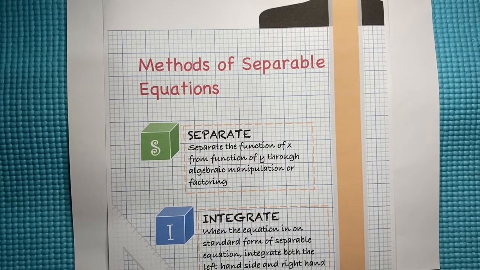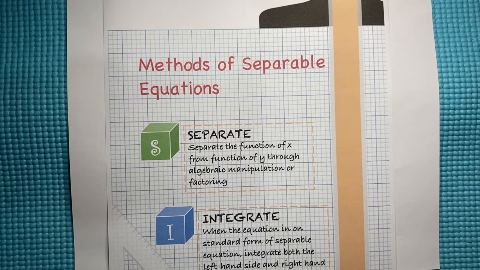Let us now solve differential equations using the method of separable equations. There are two steps on how to solve a first order differential equation using the method of separable equations.